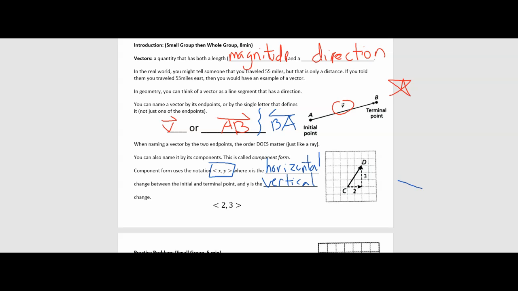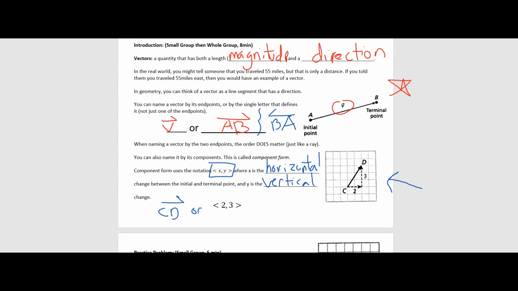So if we take a look at this vector over here, vector CD, you could call it vector CD, or you could just name it using the components, right? So 2, 3. Because to go from C to D, you're traveling two units horizontally, and you're traveling 3 units vertically.